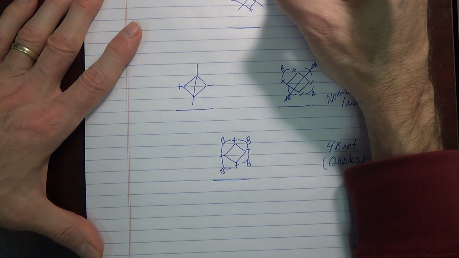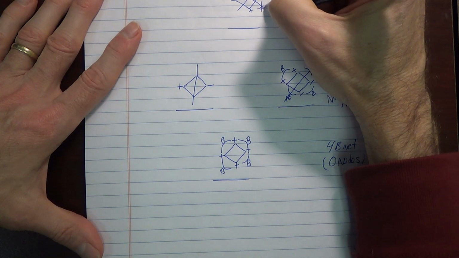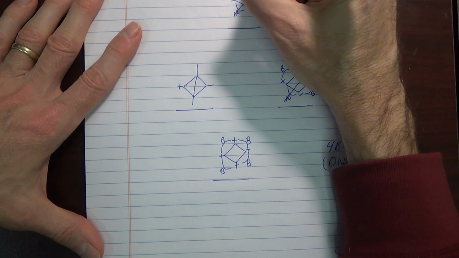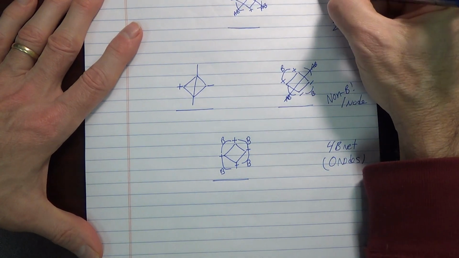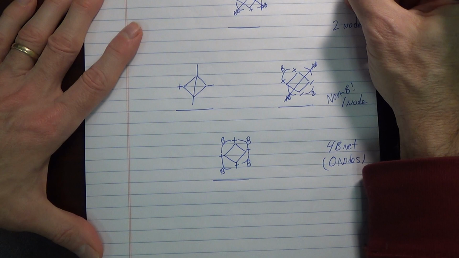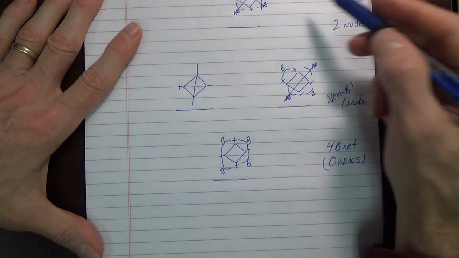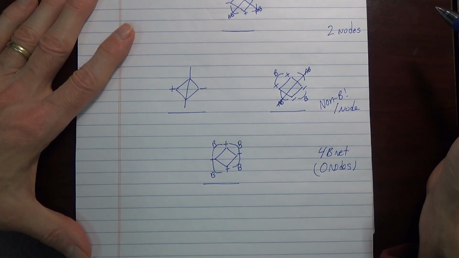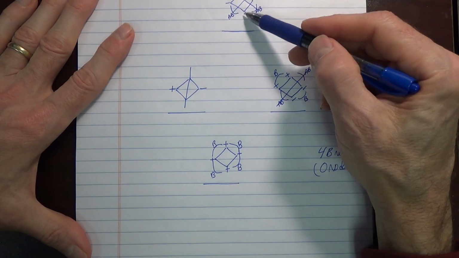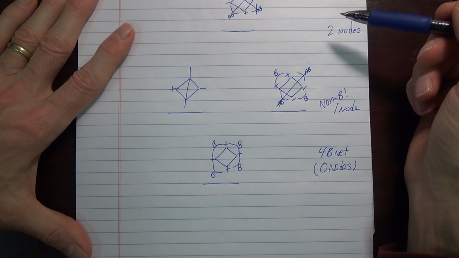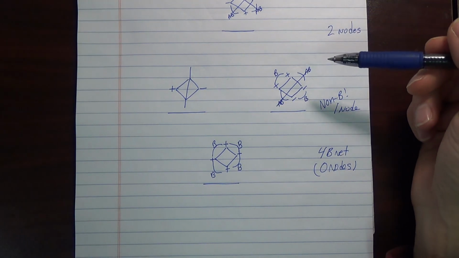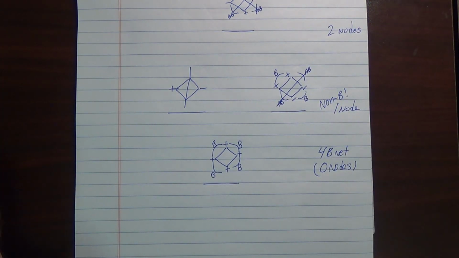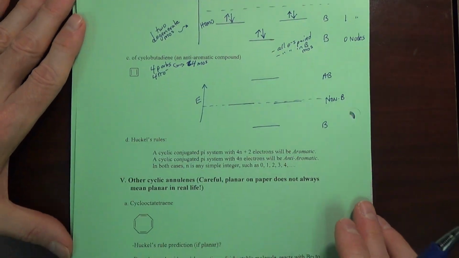This is anti-bonding, anti-bonding, anti-bonding, and anti-bonding for 4 anti-bonding net. 2 nodes. That's the worst way that these 4 original atomic p orbitals can overlap. Highest in energy. I tried to draw the 4, but in terms of the energy levels, that's what we started with.